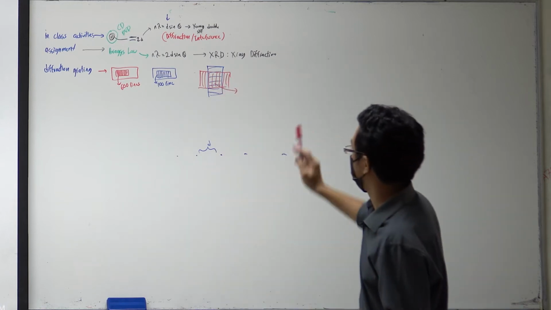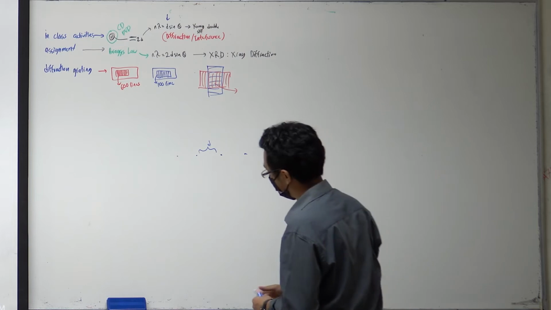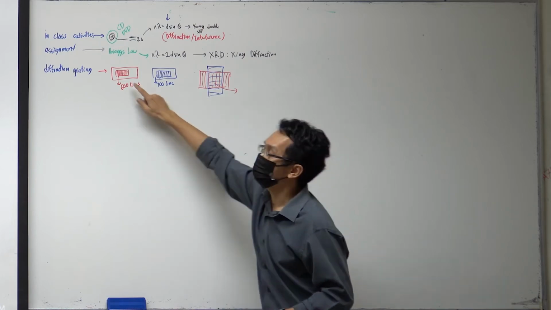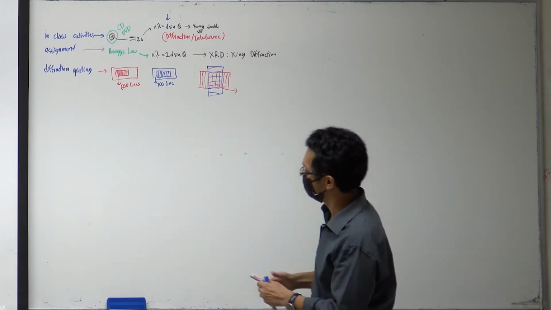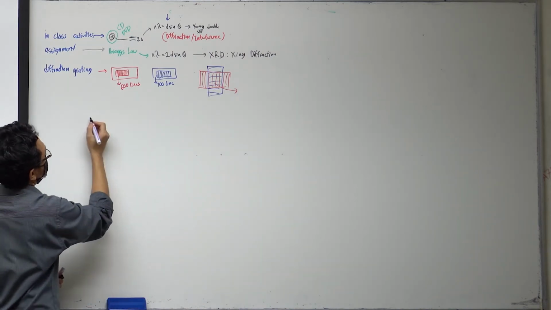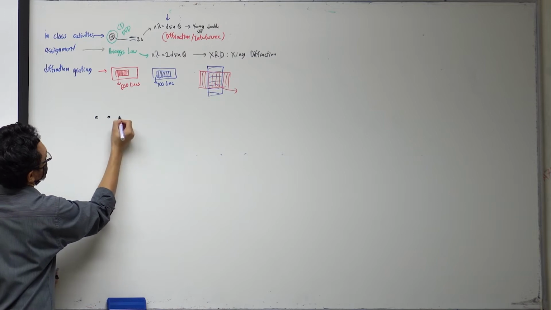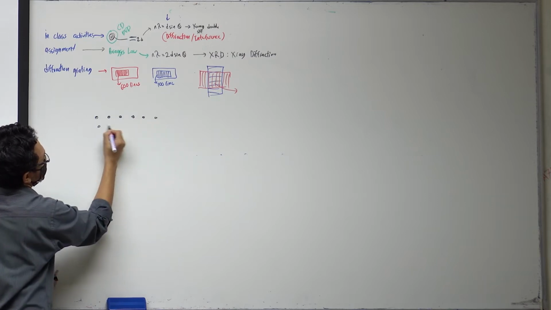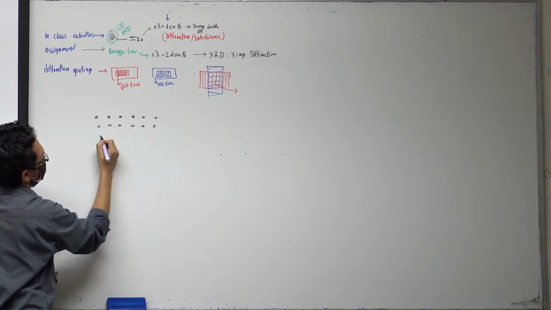Okay, so this idea can be expanded further. Instead of a line, now you have an atom. For example, let's say instead of a line, you have atoms lined up perfectly like this, and then you still have the line.